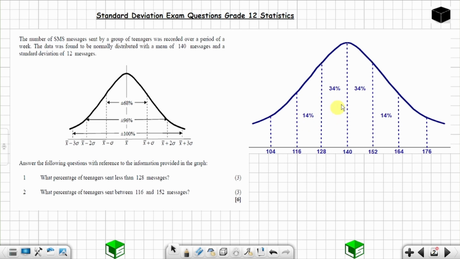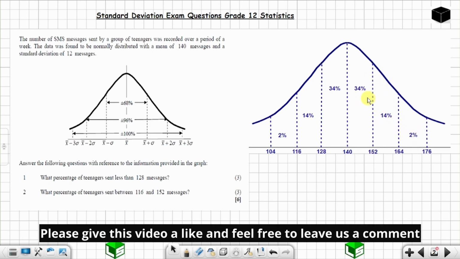So you already have 48, you need 2%. So this is the information that you need so that you can answer these questions easily.